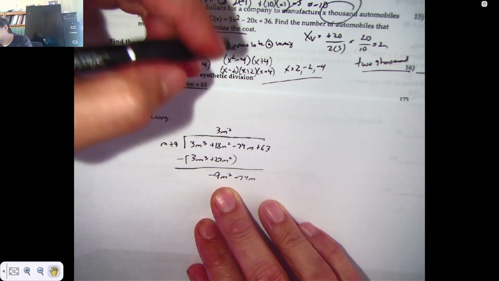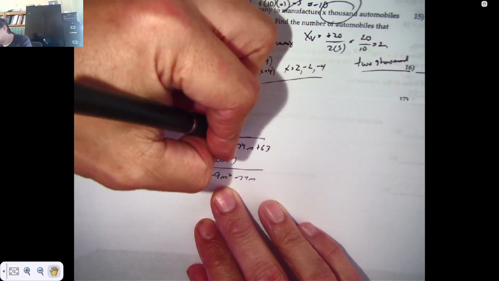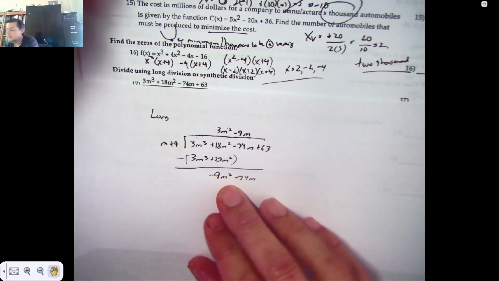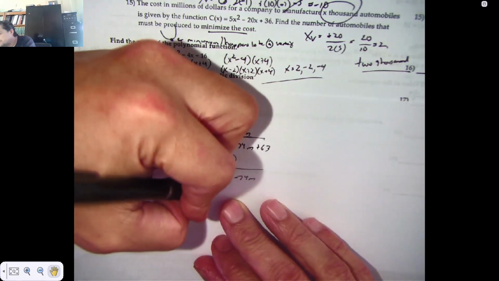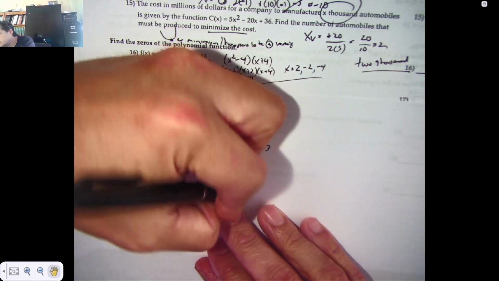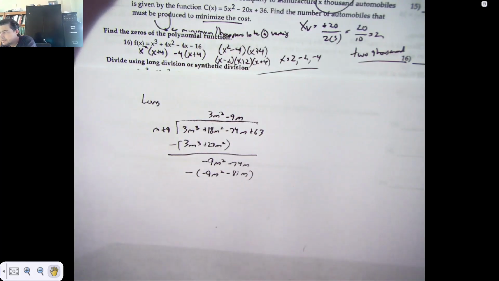To turn a 3m into a negative 9m, I multiply by a negative 3m. Sorry, I should have said negative 9m squared. Invoke the distributive property, negative 9m squared minus 81m. Careful before you subtract. 74 minus a negative 81. Man, I just got wiped out.